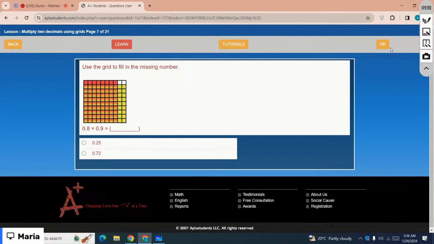You need to find the columns that have both the colors. Yes, that is 0.72, the correct option. Option number 2 is the correct option.